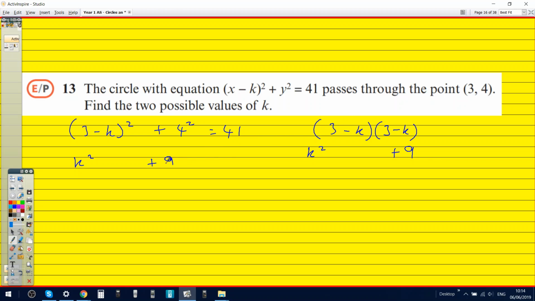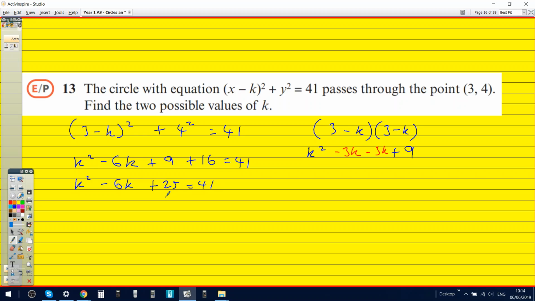It's 2 minuses, so minus 6k. So k squared minus 6k plus 25.